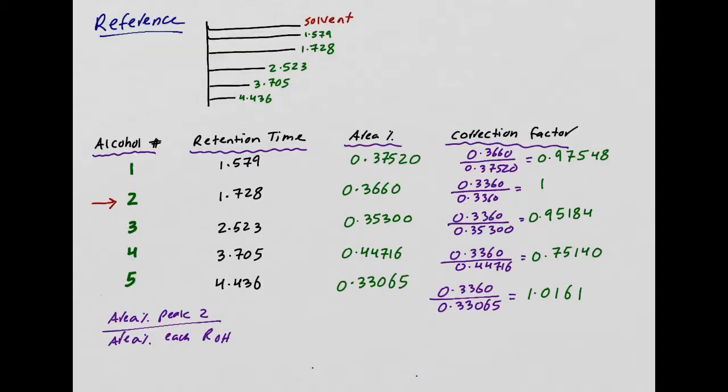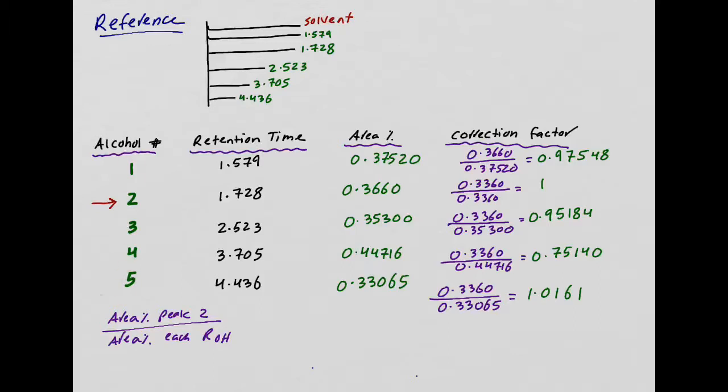Now, when we ran the GC, we got 5 peaks. That's really good. But when we look at area percent, they have different percentages, and that should not be, because we knew when we made the sample that all of these have exactly the same volume, they have the same percent composition. So we know now that this is not correct and that we need to apply a correction factor.